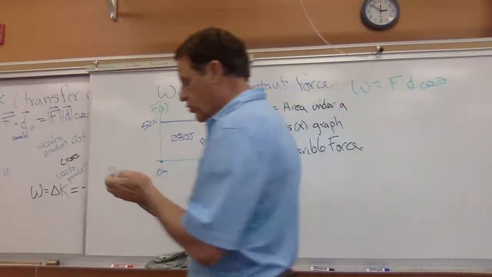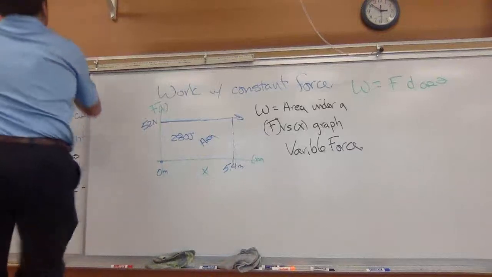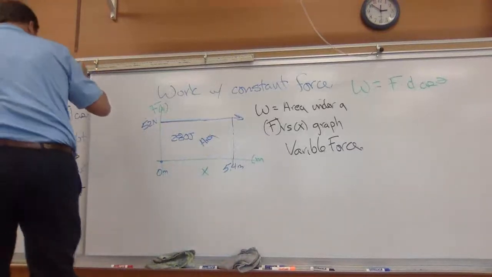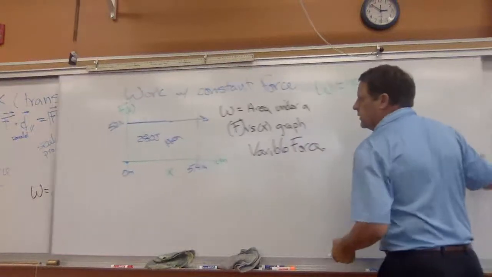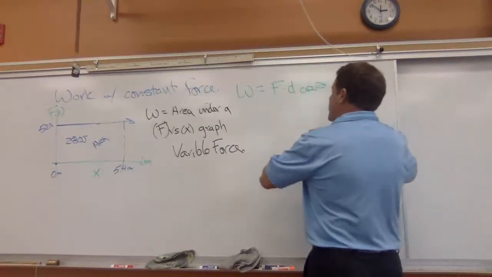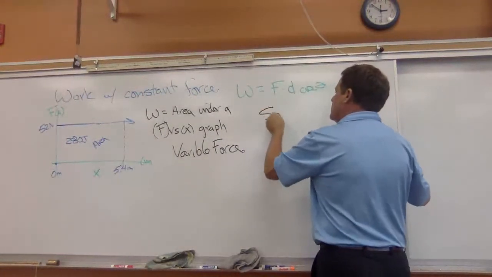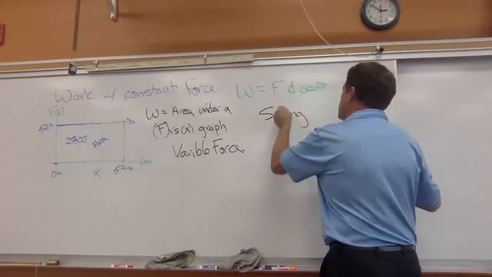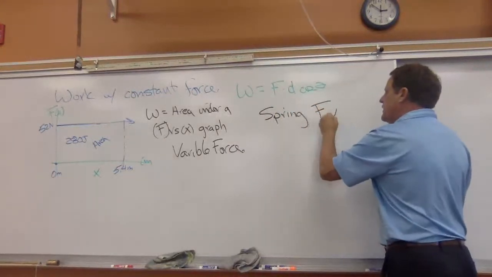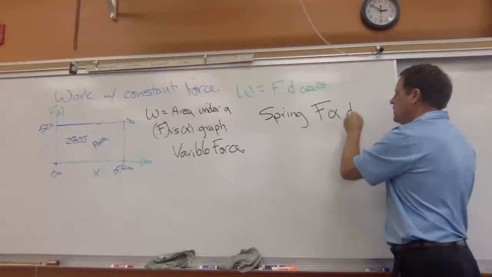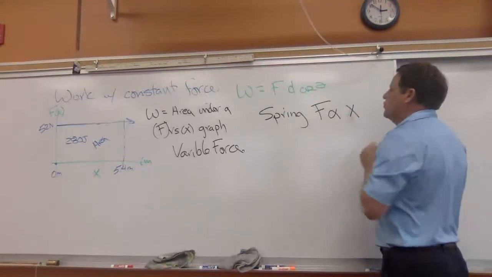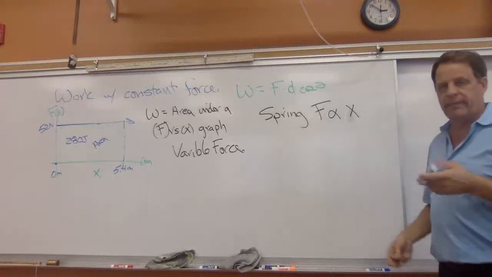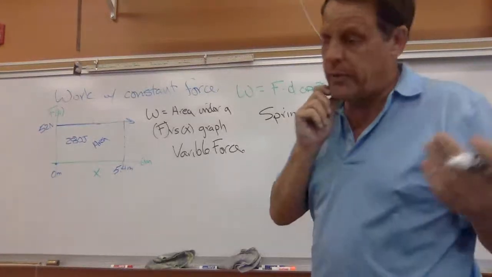We are going to come back to this. But for a spring, force is proportional to displacement, or force is proportional to x. Okay, x would be a displacement in one direction.